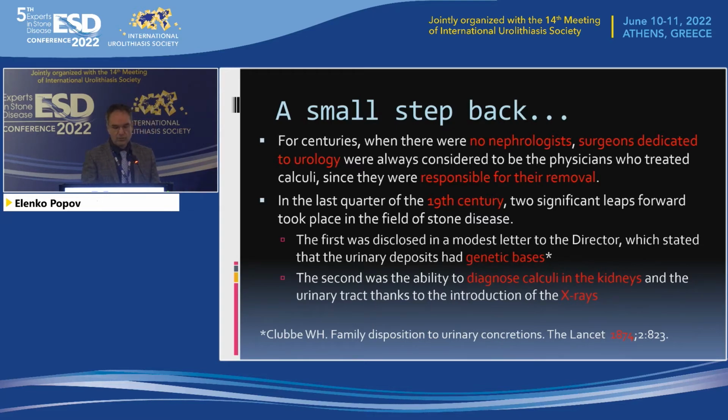In the last quarter of the 20th century, two very significant things happened. The first was a very small letter to the editor saying there are some signs of genetic predisposition for kidney stones. And the second was the ability to diagnose those kidney stones with the implementation of X-ray.